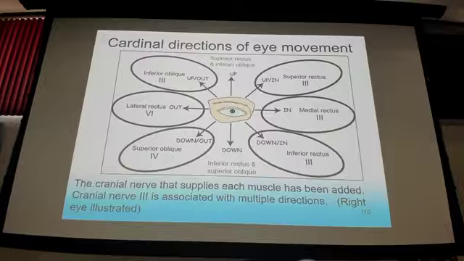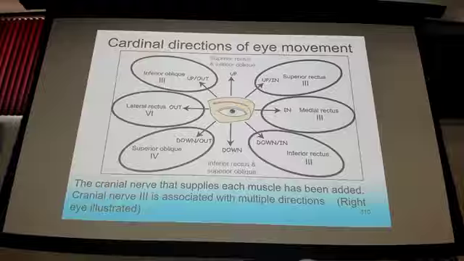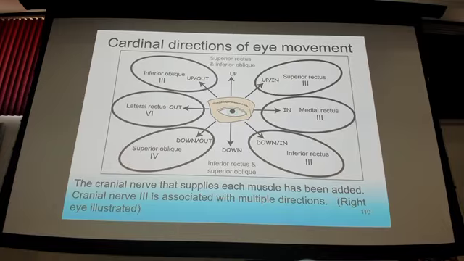Doesn't that sound kind of weird because it's the inferior one? Because inferior rectus brings it down. But the obliques are kind of flipped, so superior oblique brings it down and out. I'm seeing a bunch of puzzle faces. Y'all didn't notice that earlier, I don't think. So the obliques, based on their name, do an action different than what you think.